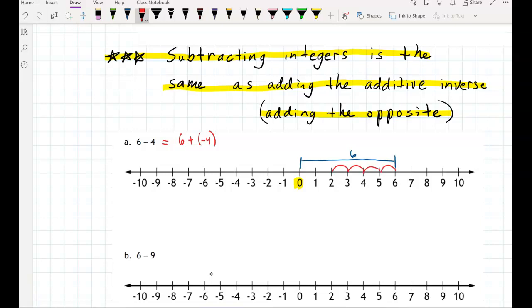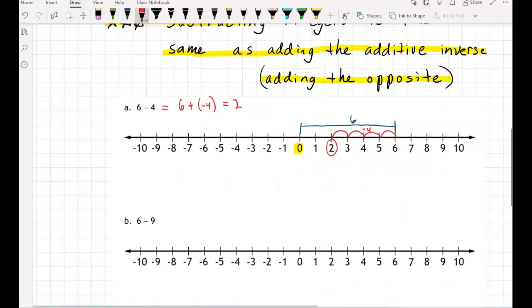And where does that leave me? That's right, it leaves me at 2. Now we knew that 6 minus 4 is 2, but I'm just trying to prove that adding the opposite is the same thing as subtracting. 6 minus 4 is 2, 6 plus negative 4 is 2. They're the exact same thing.